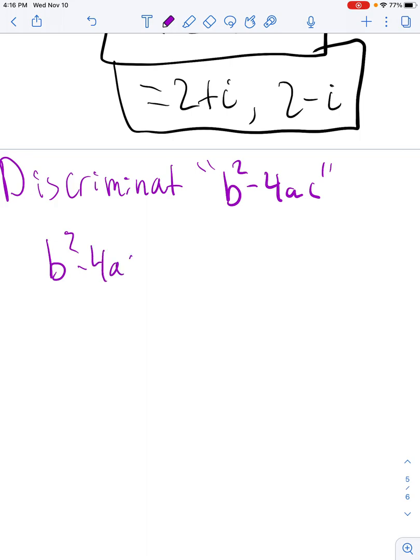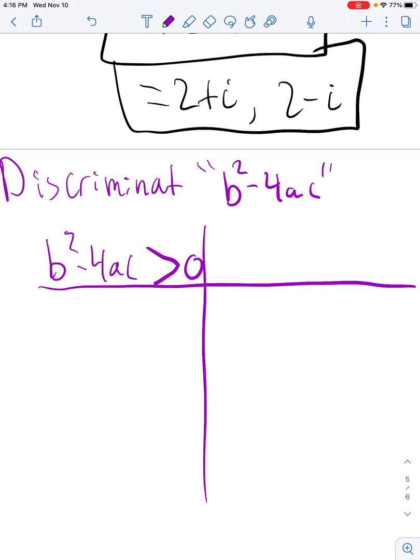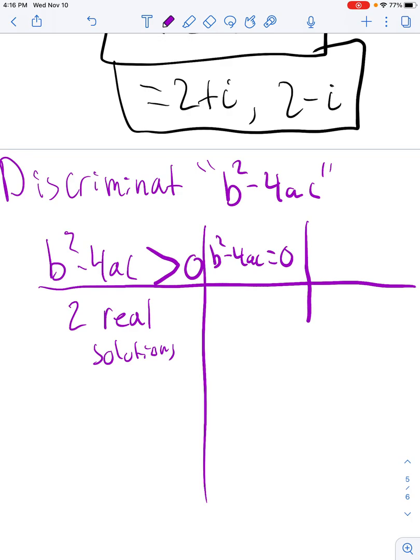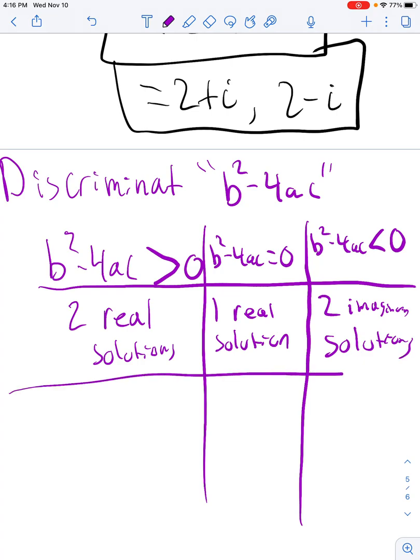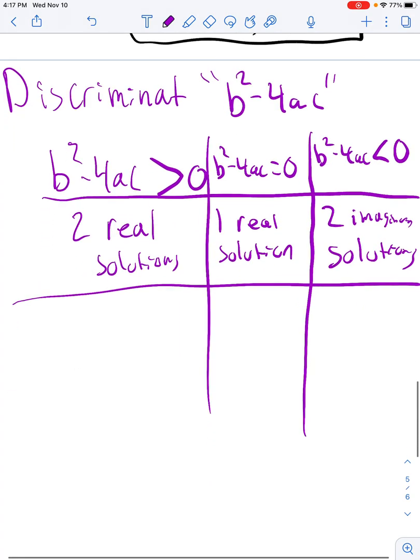So we can determine that if b squared minus 4ac is greater than 0, I'm going to have two real solutions. If b squared minus 4ac equals 0, I'm going to have one real solution. And if b squared minus 4ac is less than 0, I'm going to have two imaginary solutions.